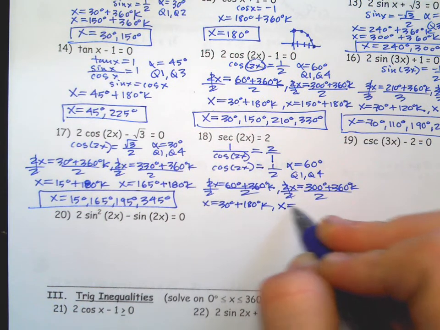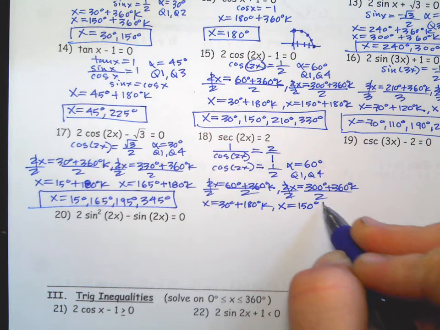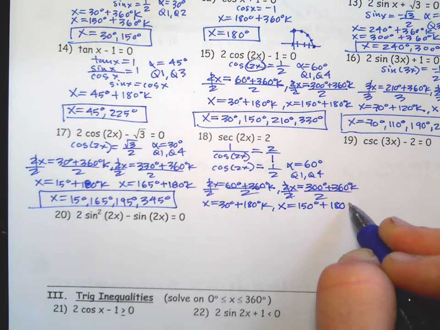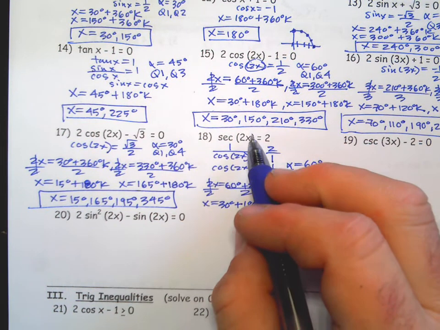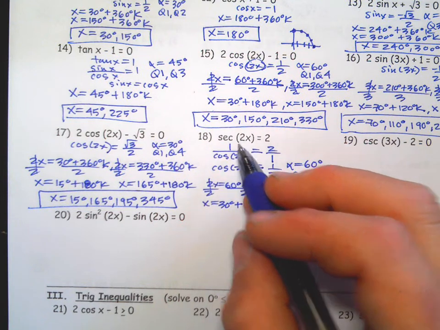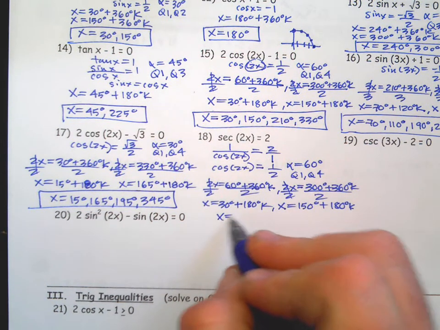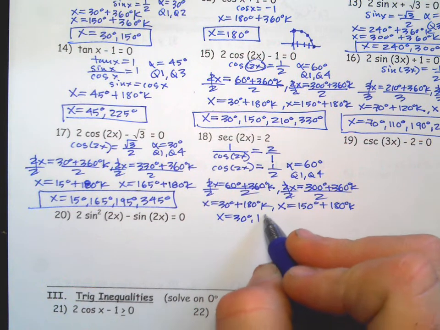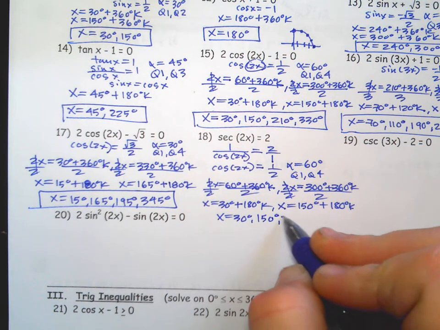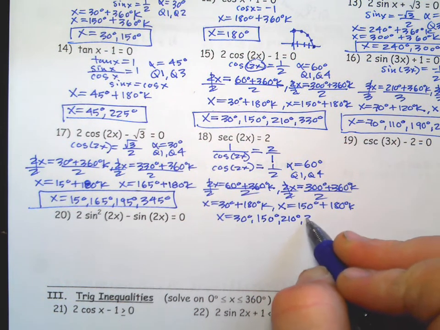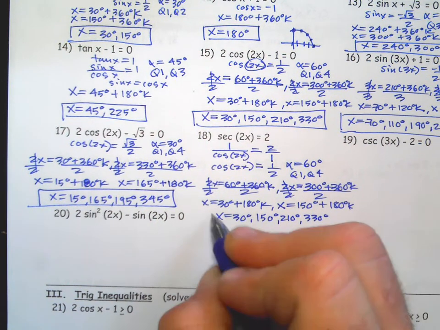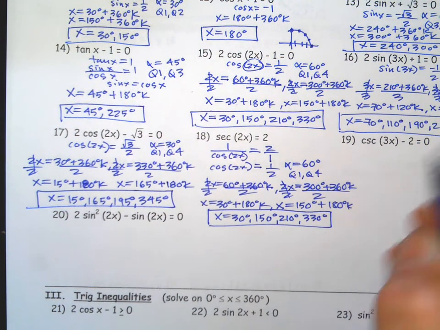And 150 plus 180k. We should get 4 answers. Usually we get 2, right? Normal period, but there's an extra 2 in here. Halves the period, doubles the amount of answers. 30, 150, 210, 330. Really should put the degree symbols on these.